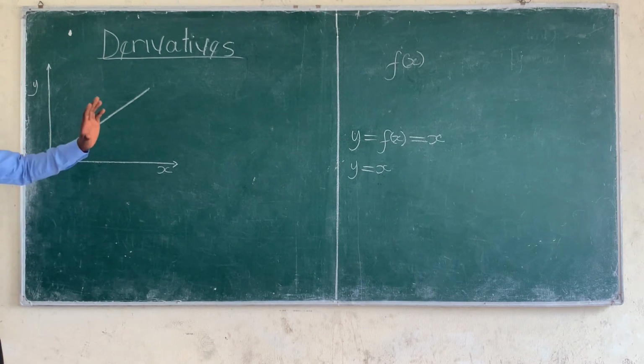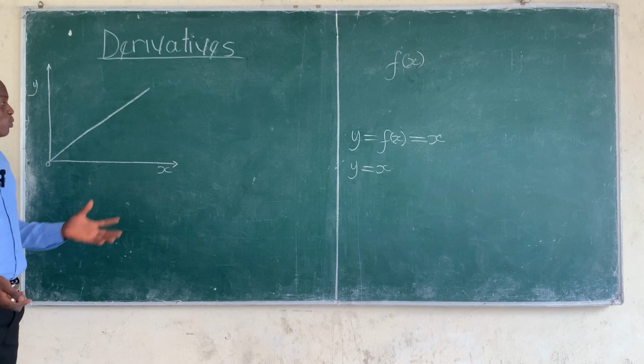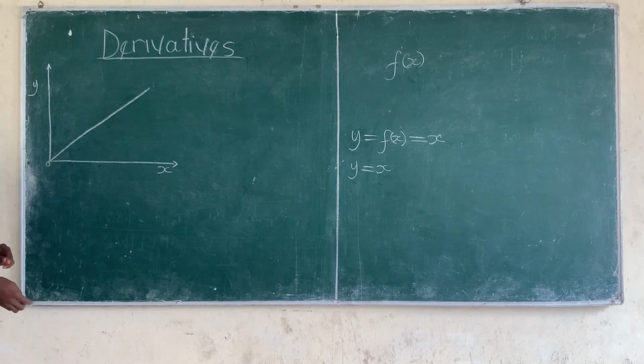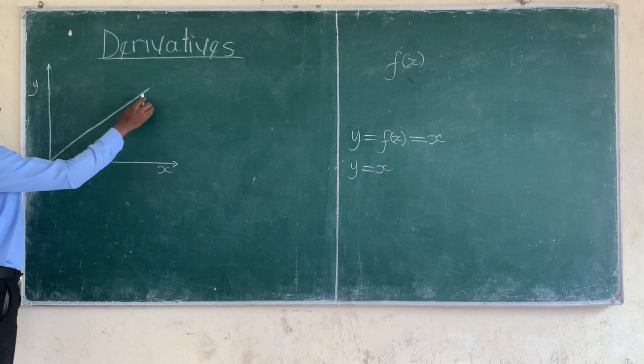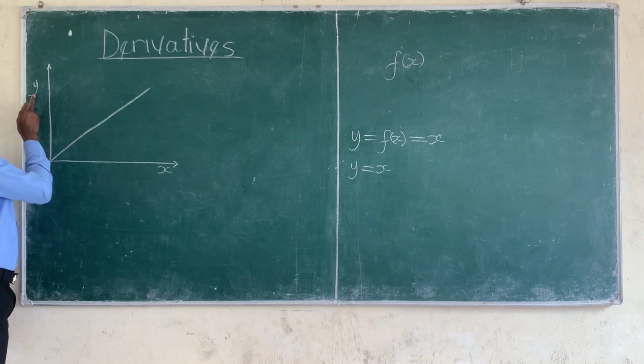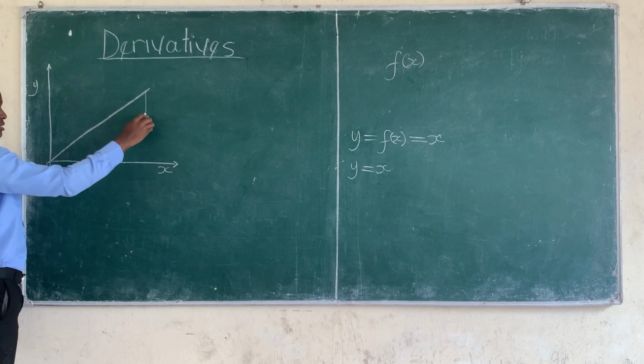Now, where differentiation comes in is, assuming we want to find the slope of this graph. We can mark any point here and find the change in y, and also find the change in x. We are going to have something like this.